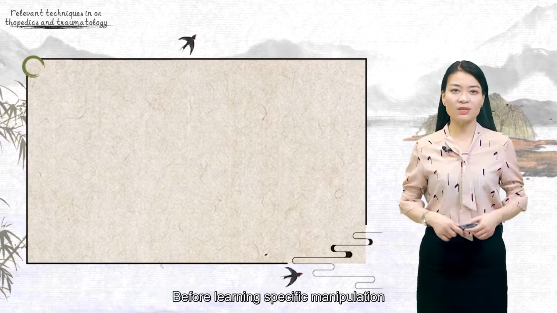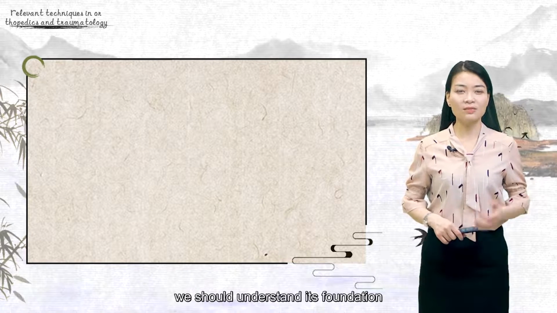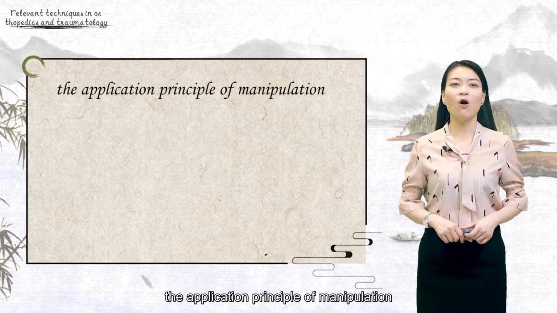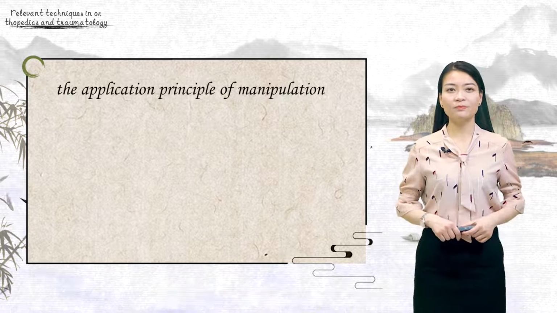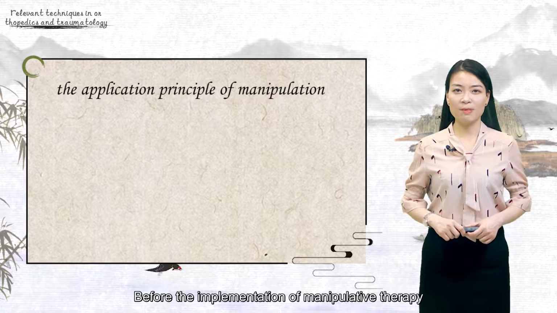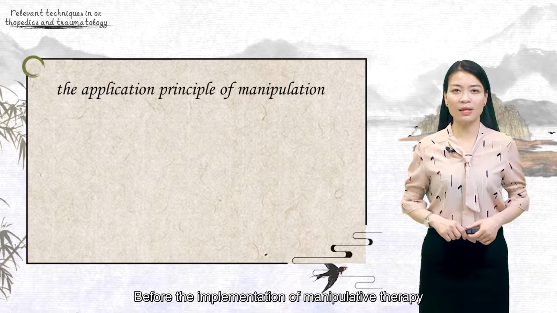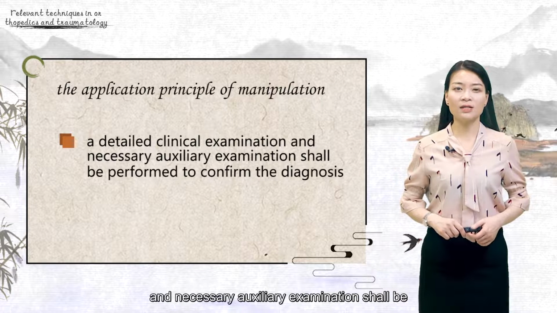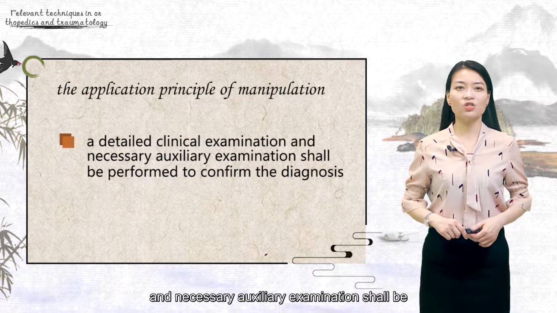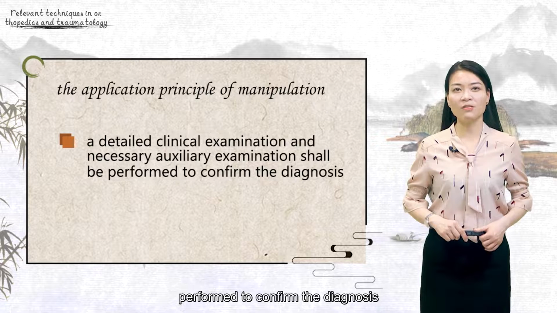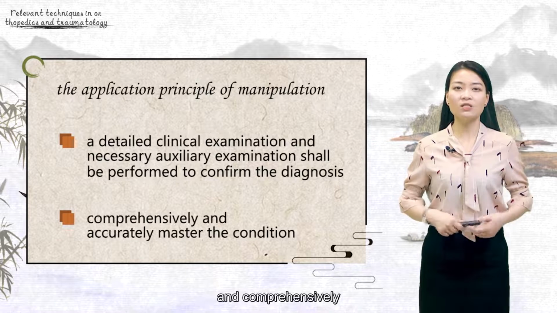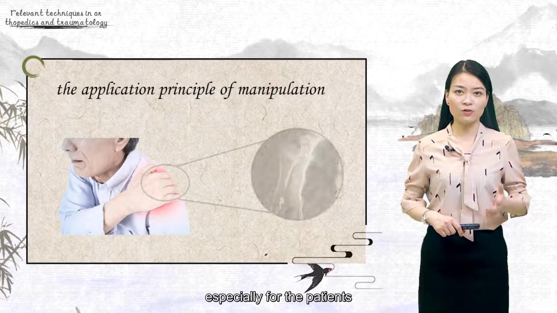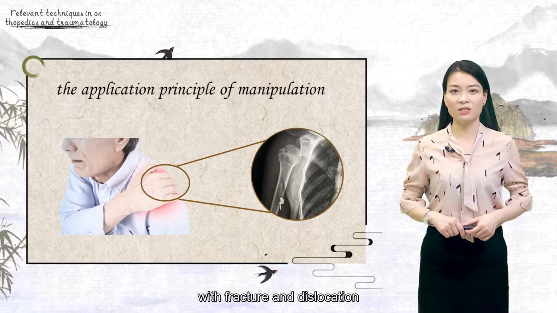Before learning specific manipulation, we should understand its foundation. First, the application principle of manipulation. Before the implementation of manipulation therapy, a detailed clinical examination and necessary auxiliary examination shall be performed to confirm the diagnosis and comprehensively and accurately master the condition, especially for patients with fracture and dislocation.